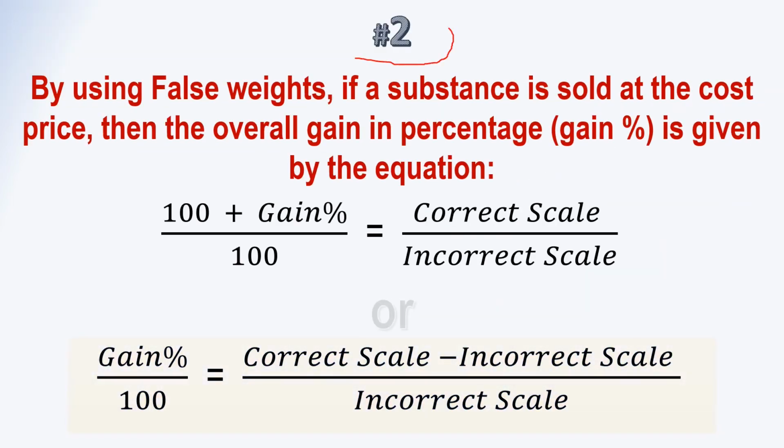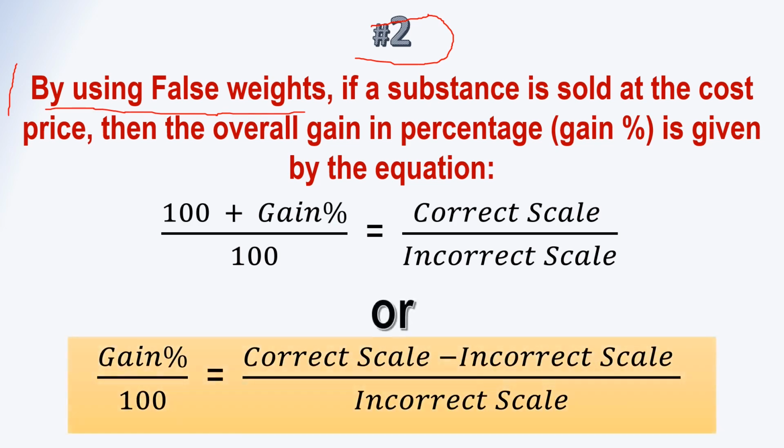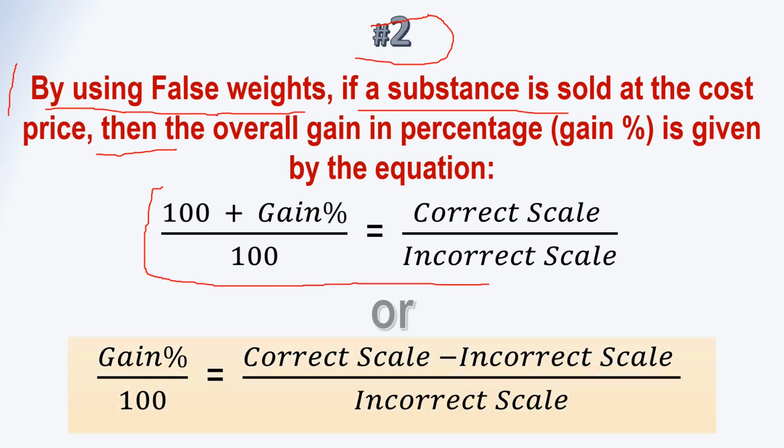So now we come to our number 2 trick, and using this trick or this short method we shall be able to solve some other kind of profit and loss questions. So this number 2 trick is applicable in scenarios where, by using a false weight, a substance is sold at cost price, then the overall gain in percentage, that is gain percent, is given by this equation, that is 100 plus gain percent divided by 100 is equal to correct scale divided by incorrect scale.